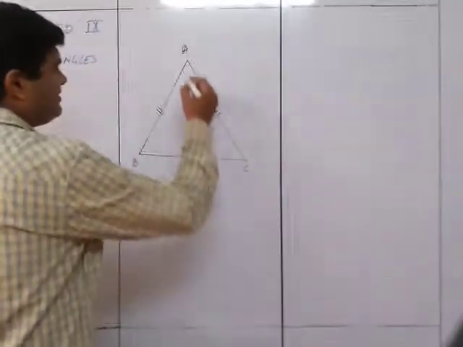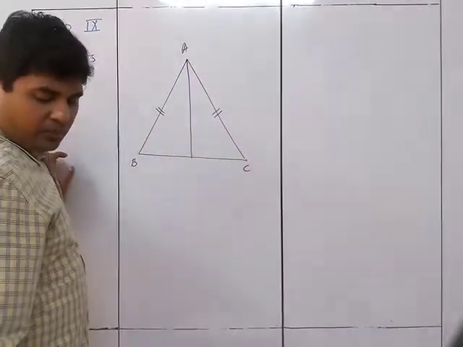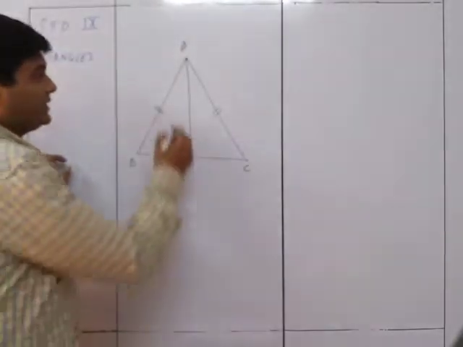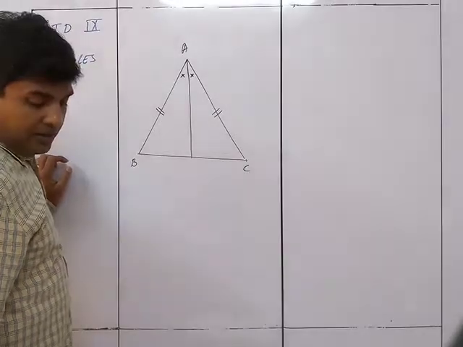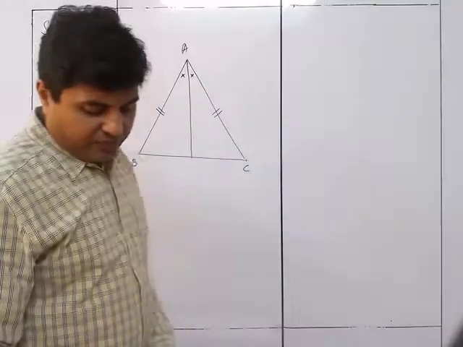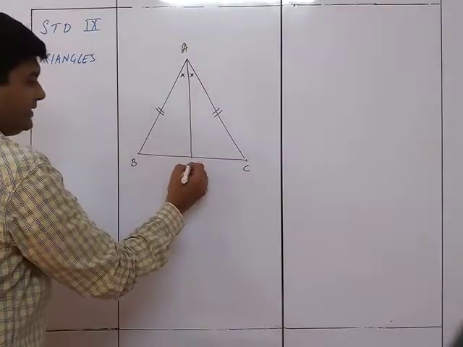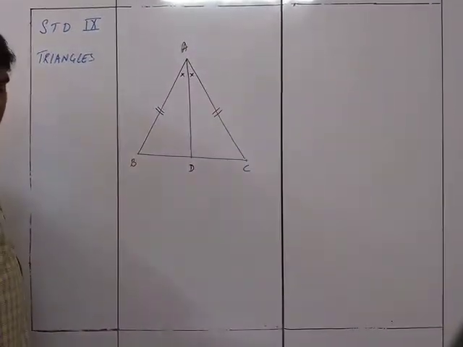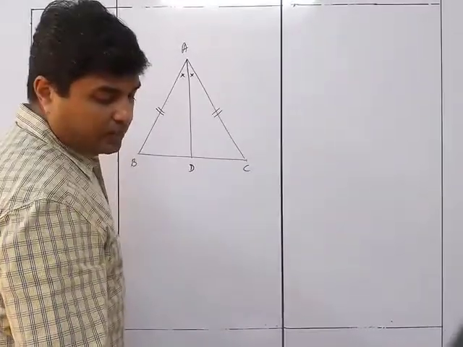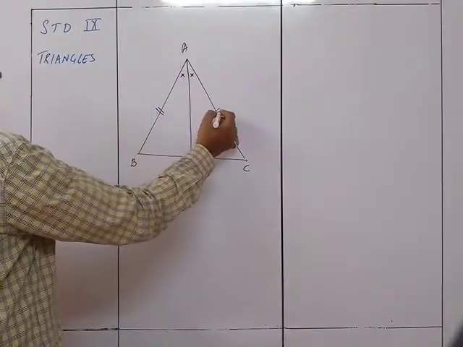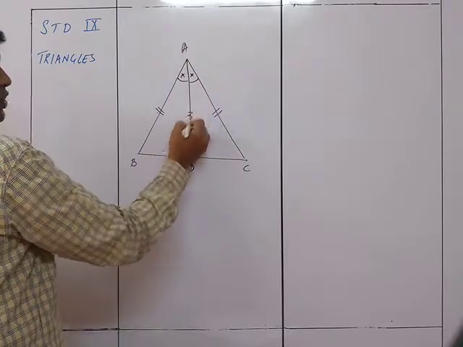How do we prove it? Very easy. If you draw a line over here like this, we know that we are drawing an angle bisector. So this angle is equal to this angle, right? If I have an isosceles triangle and draw the bisector AD, which meets BC at D, then it will be seen that this is equal to this is equal to this, and this is the common side.